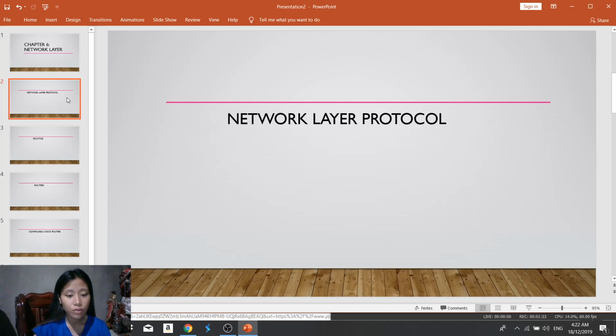And for encapsulation, the network layer encapsulates the PDU from the transport layer into a packet.